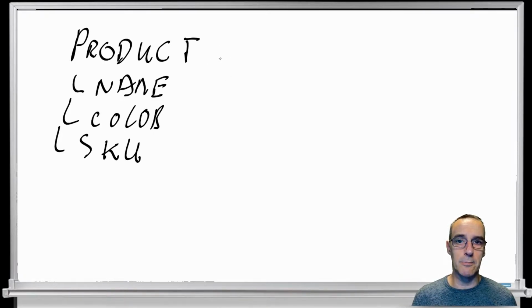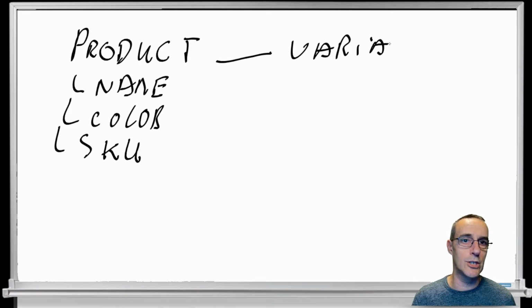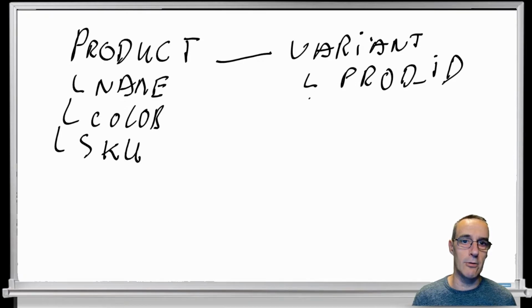It becomes a little bit more complicated when you have different variants. A variant is essentially a variation of a product. So for example, you have the product ID. Then of course you have the SKU, because the variant is what you actually are ordering.